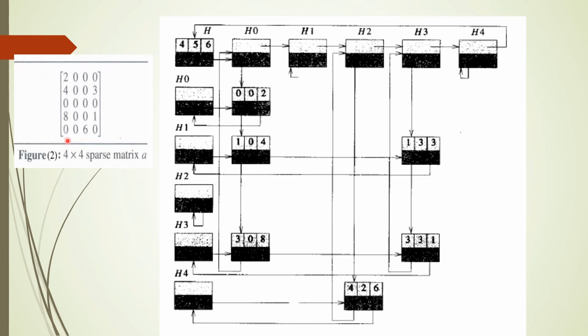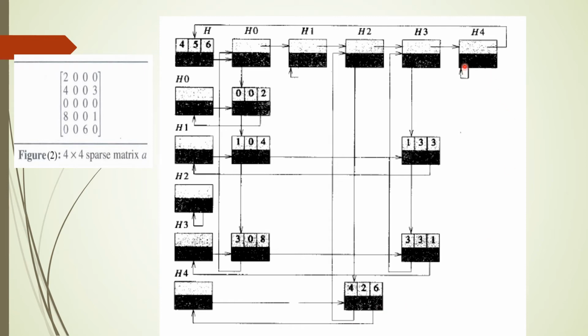So the last non-zero element is 6. 6 is present in the fourth row and second column, and the element is 6. The downfield is pointing to its header node, because there is no non-zero element in that column after 6, and right is pointing to its header node, because there is no non-zero element in that row.